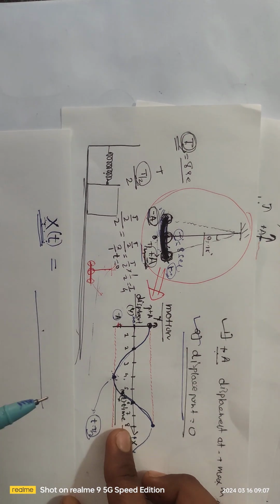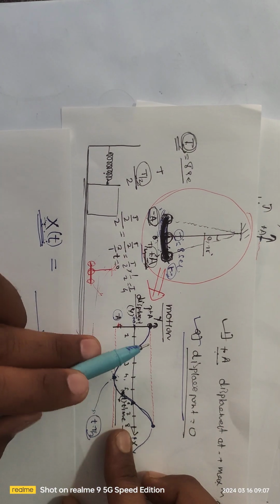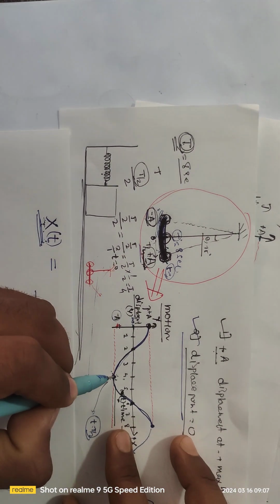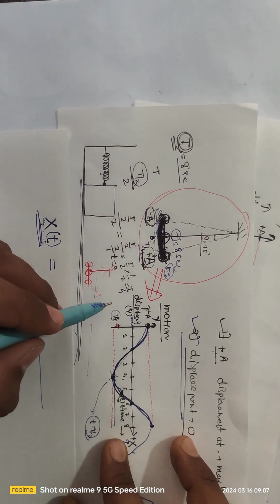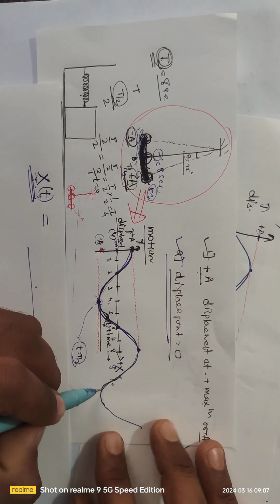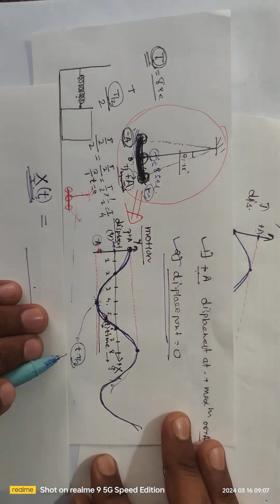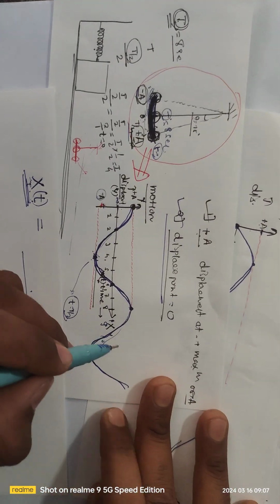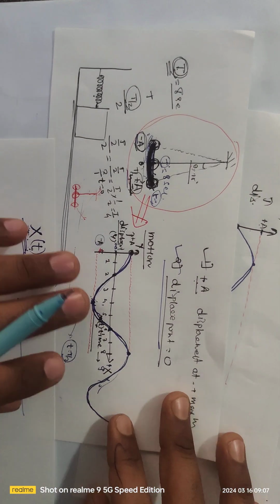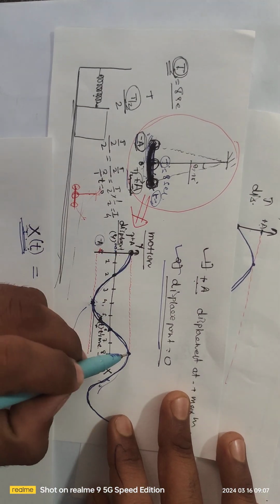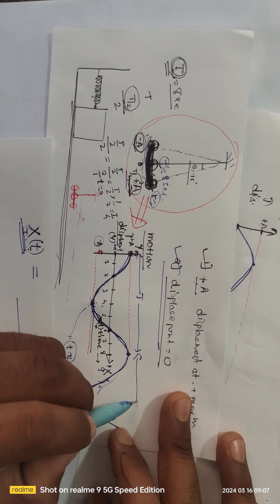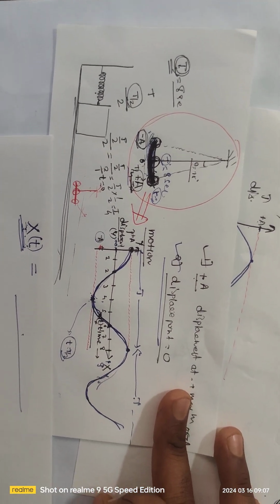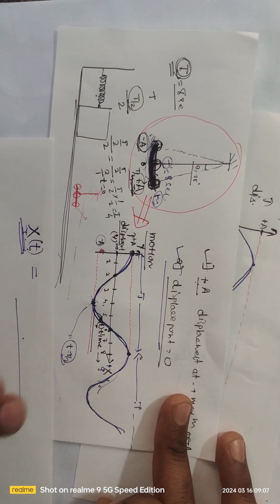If we look, it is like a wave, and after a certain period of time, it repeats again and again. Here it is a time period T. After time period T, it will repeat again.